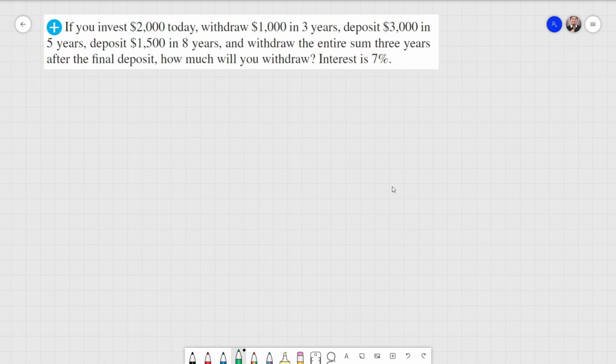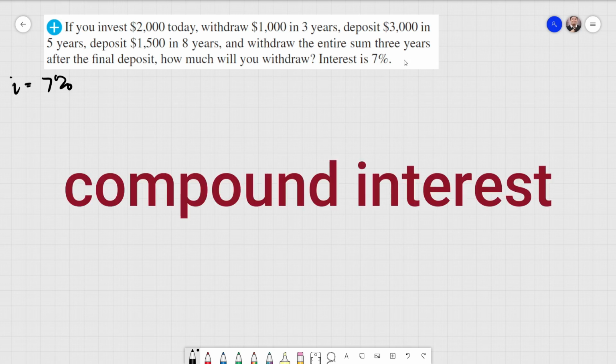Interest is 7%. Paano natin isa-solve yung ganitong klaseng problem? Una, our given is that our interest rate is 7%. So, this is 7% per year. Hindi naman sinabi na annually or monthly. So, we should assume that this is an annual interest.